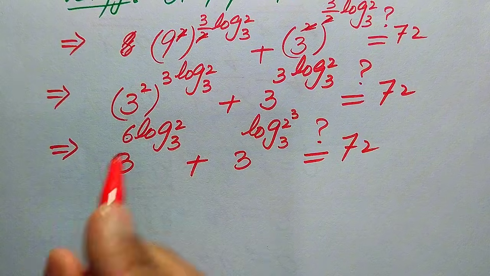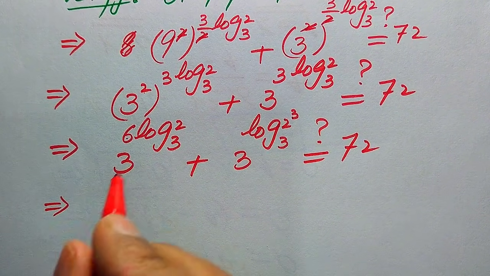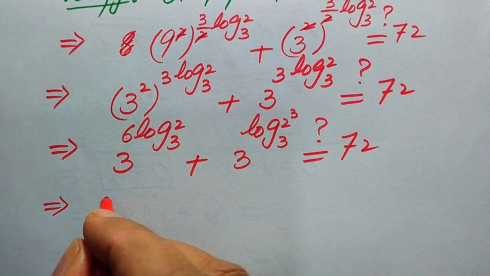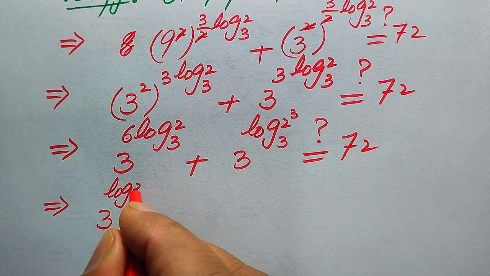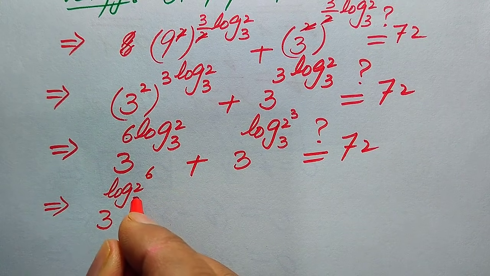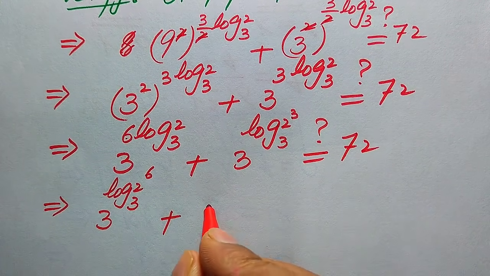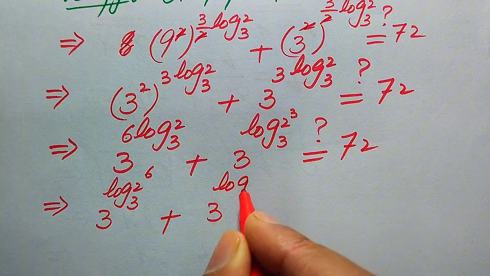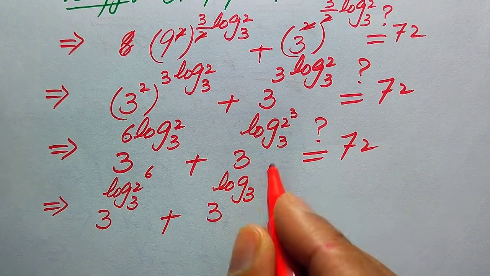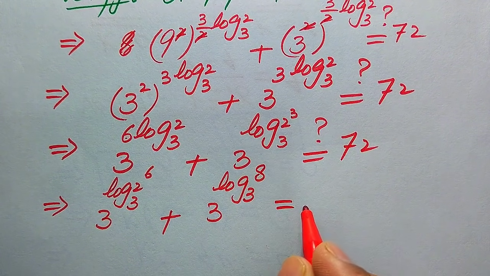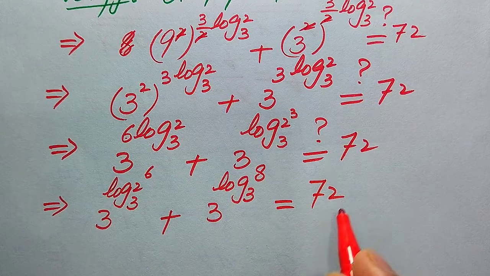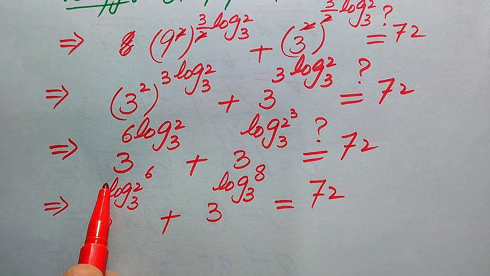Further, we move this 6 to the exponent of this 2, and it becomes 3 to the power of log of 2 to the power of 6 with base 3, and plus, in this case we have 3 to the power of log base 3, and 2 cubed becomes 8, is equal to 72.